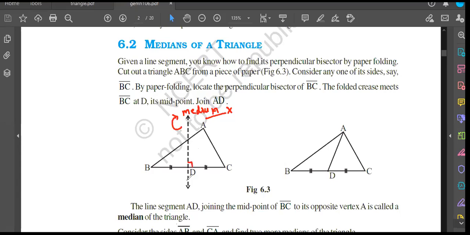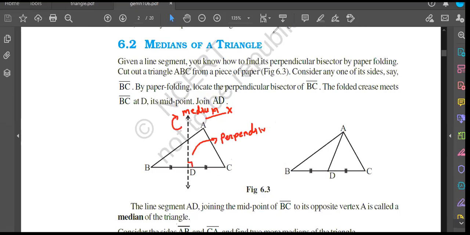So if a line divides any side, forget about whether it passes through a vertex or not, this line is called a perpendicular bisector, not altitude, perpendicular bisector. There's a difference. We will see all the differences.